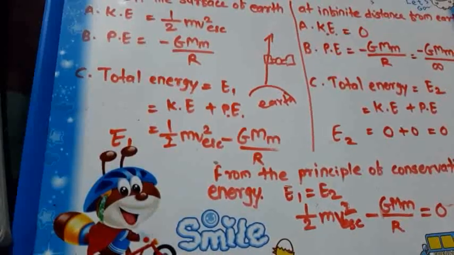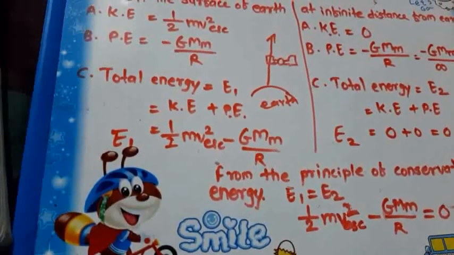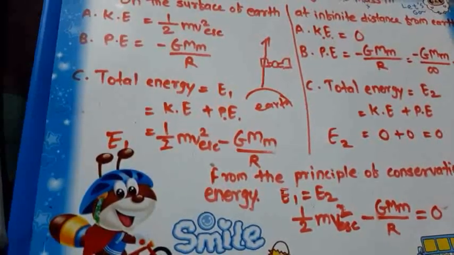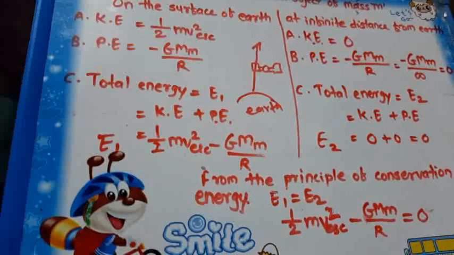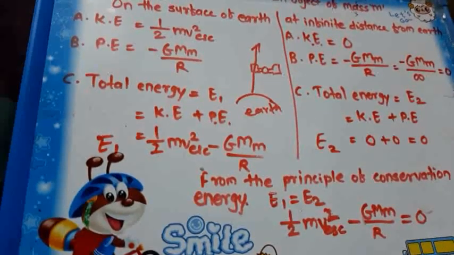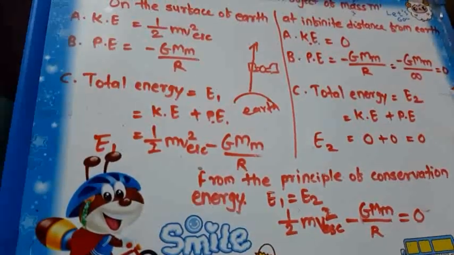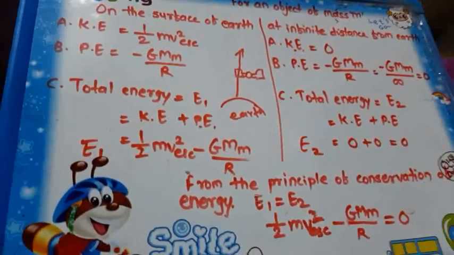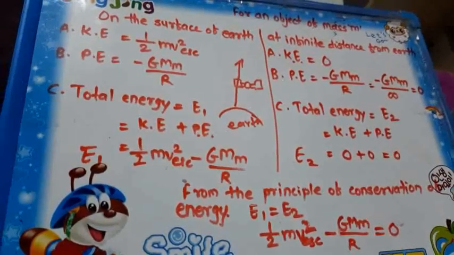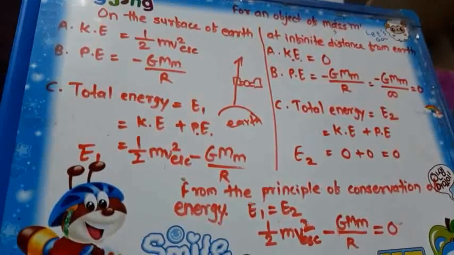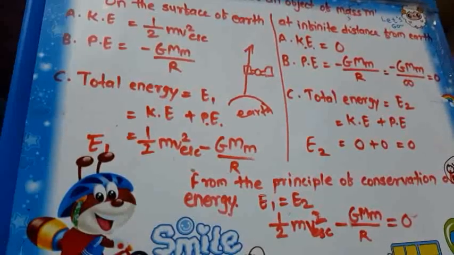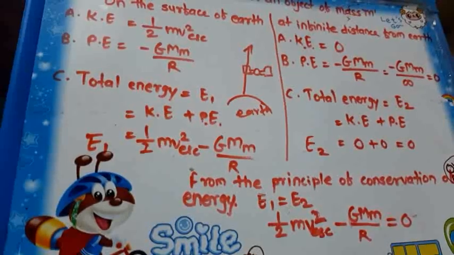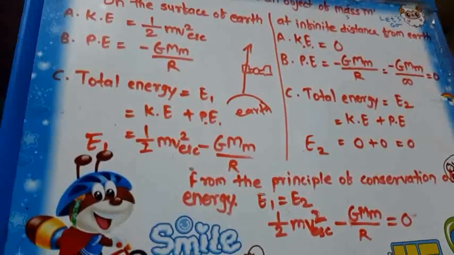Statement of law of conservation of energy is that energy can neither be created nor be destroyed, but it can be converted from one form to other form. By using this law of conservation of energy, we can determine the value of escape velocity which is needed for the object while launching so that it can escape Earth's gravitational pull.